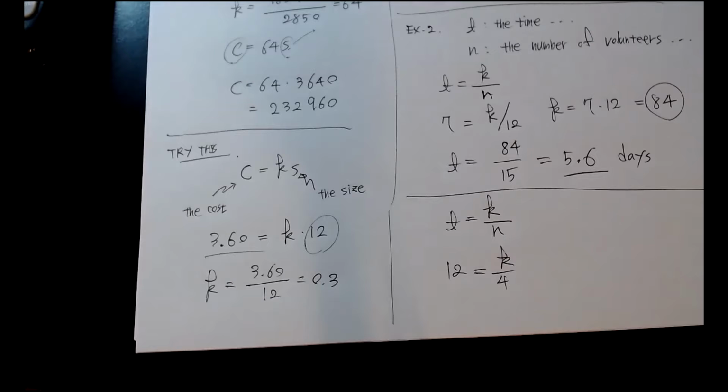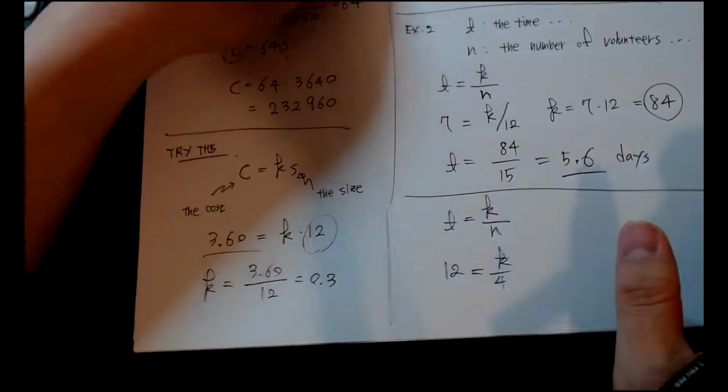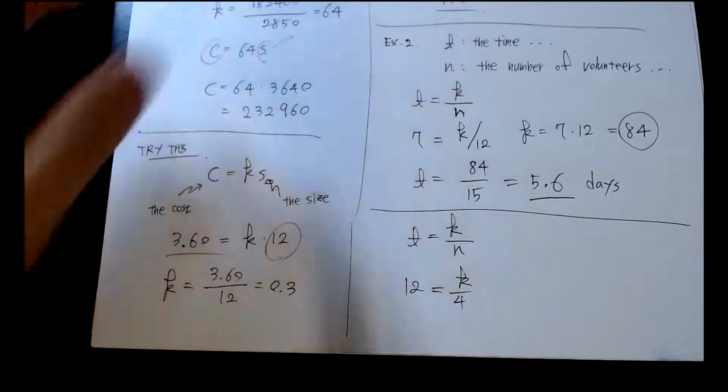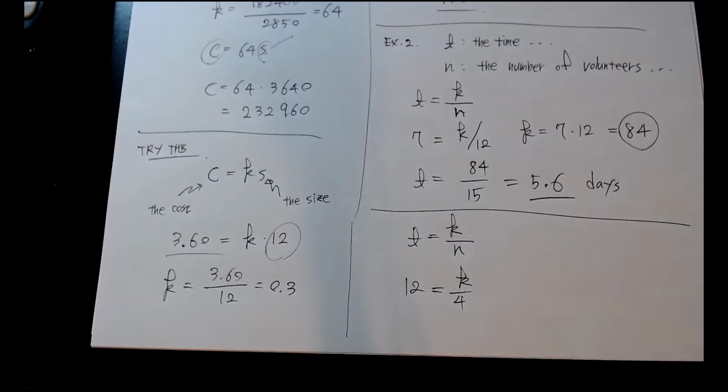If you want the unit of time to be just days, then you have to convert the 12 hours to days. So 12 hours is 0.5 day, and 1 day 12 hours means 1.5 days. But fortunately, example 2 and these practice problems just use days or hours. They don't mix them up.